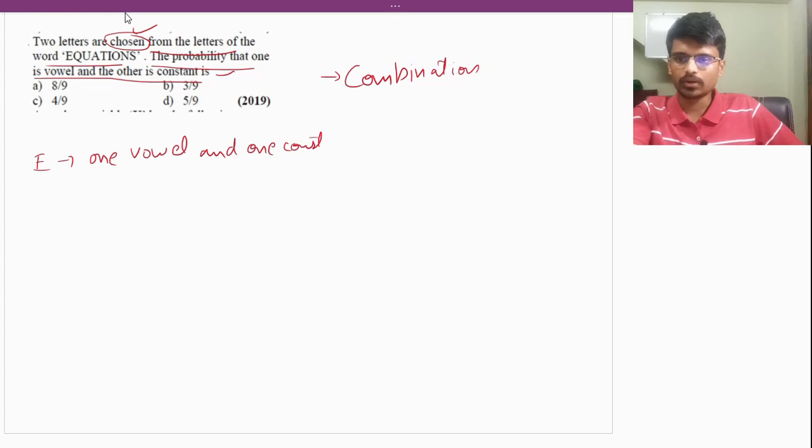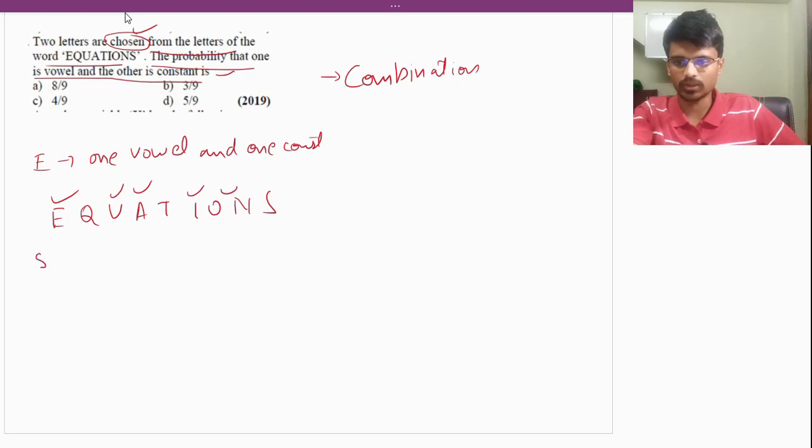So how many vowels are there? I need to know. E, Q, U, A, T, I, O, N, S. So E, U, A, I, O. There are five vowels. And there are four consonants.